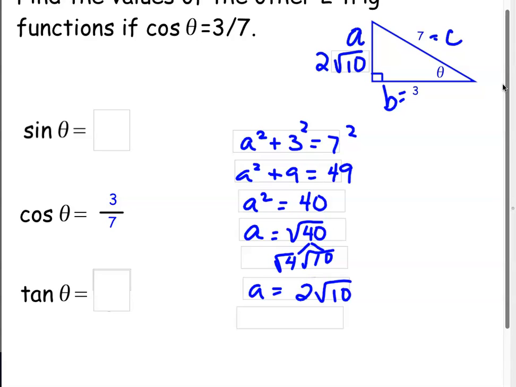Which sides are we going to use for sine? Okay, opposite would be the 2 root 10. Hypotenuse would be the 7. Okay, and then for tangent, we need opposite over adjacent. So we would have 2 root 10 divided by 3.